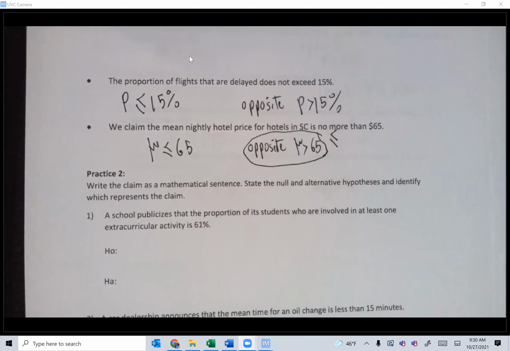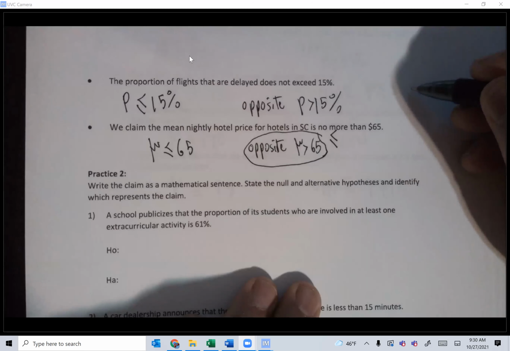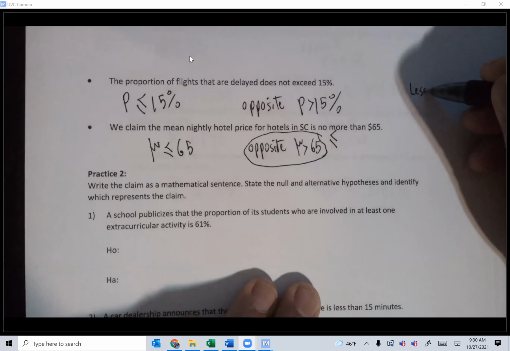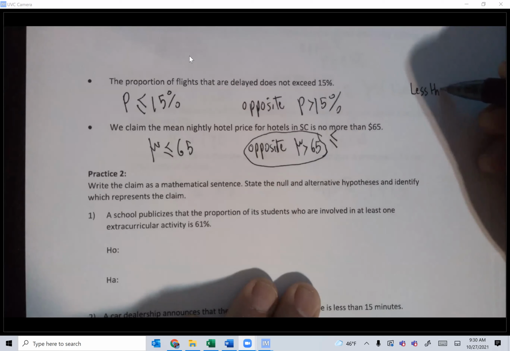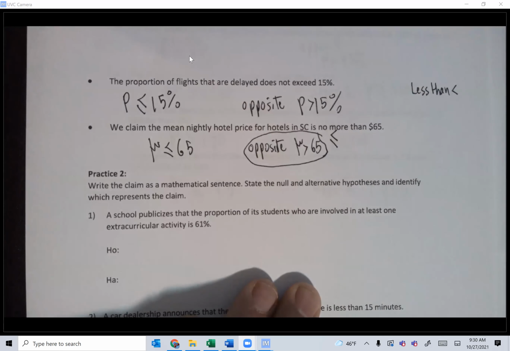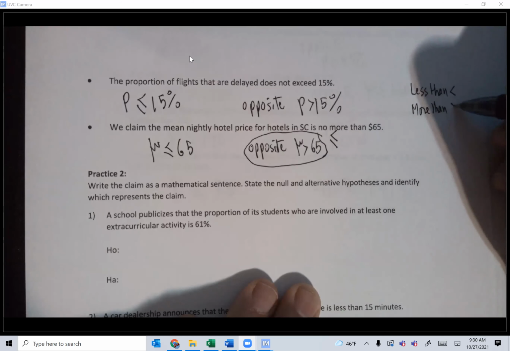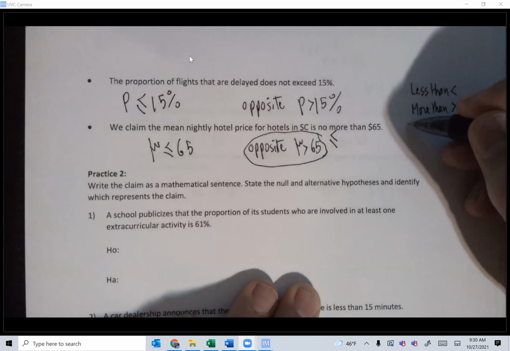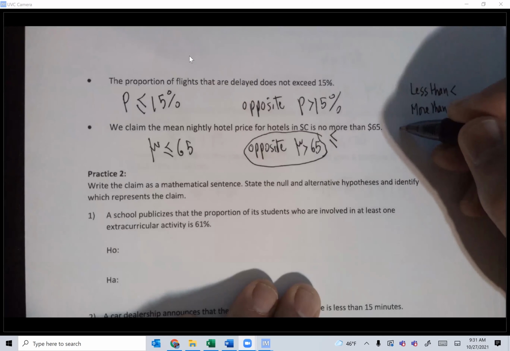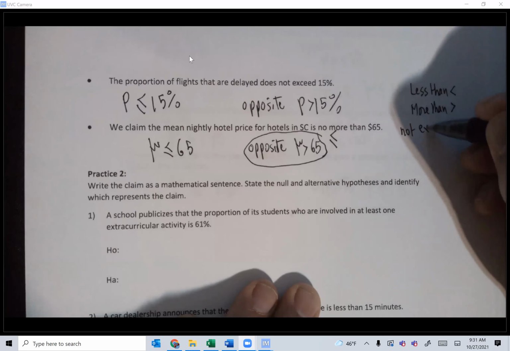Okay. So as a summary, guys, let me write those signs again, how to interpret them. Less than is this sign. More than is this. Does not exceed, I'm just gonna write this.